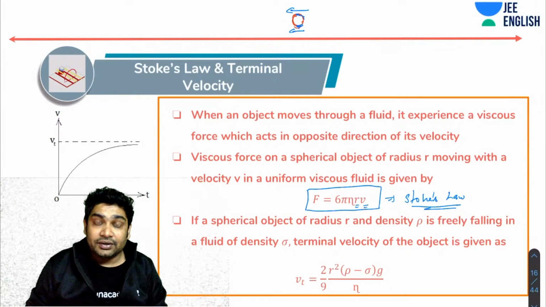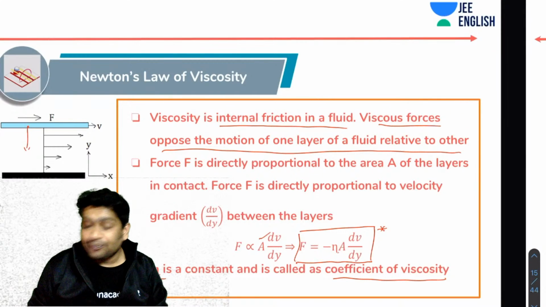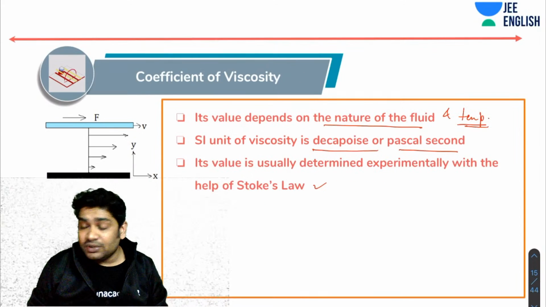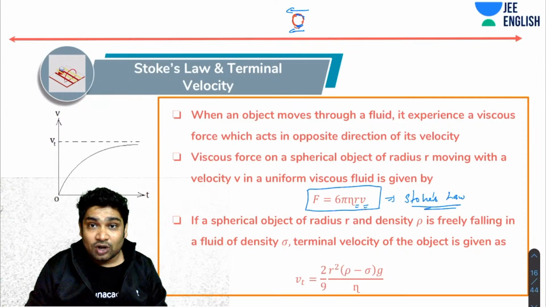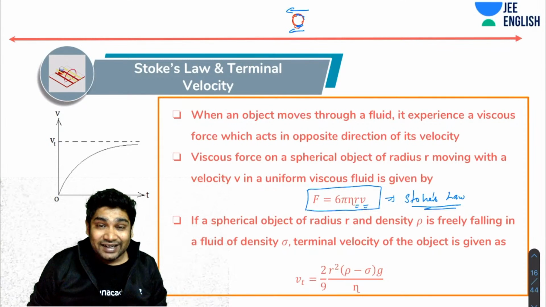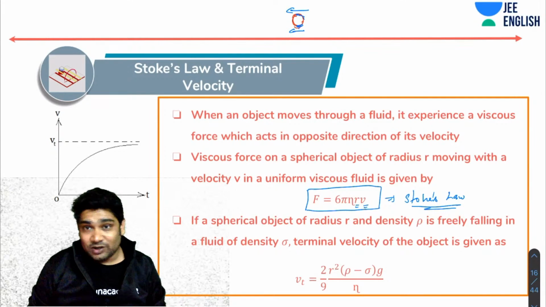From this equation, the more the relative velocity between two consecutive layers, the more is the viscous force. So v determines the relative velocity of the liquid which is stuck at the solid and the liquid which is just away and moving with respect to it. That is why this viscous force also depends on v.